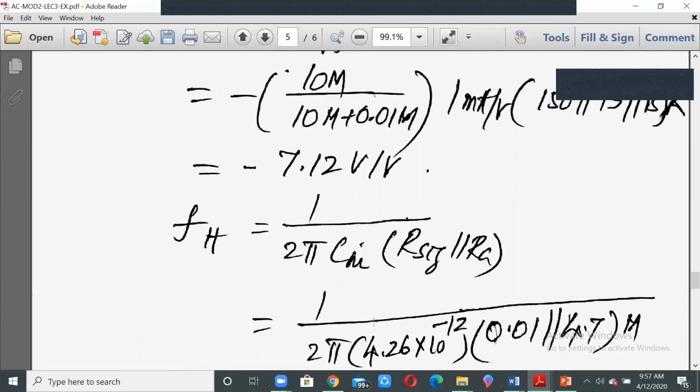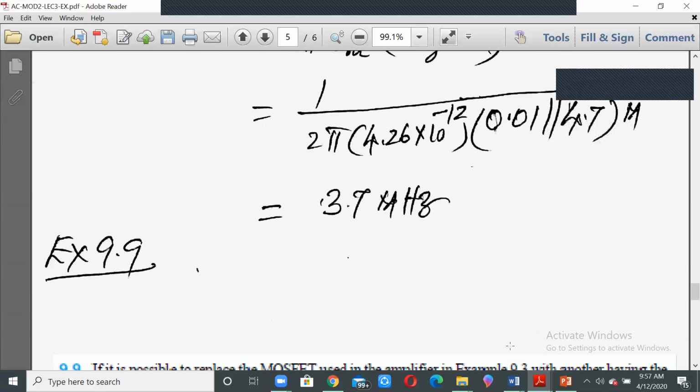Also, we can try to find out the FH value. Cin is not going to change at all because Rsig does not come into the picture as far as Cin is concerned. And the only thing which gets affected is this Rsig, and hence we have this, and at the end we will have 3.7 megahertz.